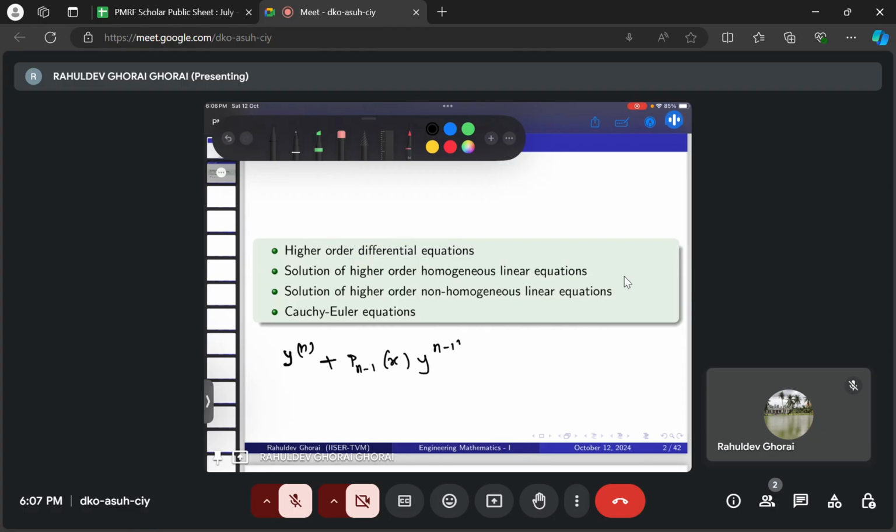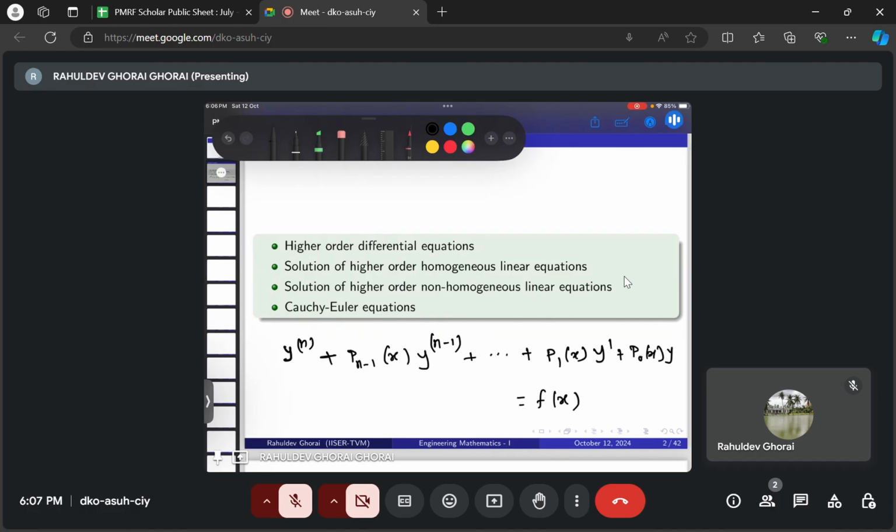This is how it looks: an nth order linear differential equation. The order will be n and the degree will be 1 always, plus p0(x) y is equal to f(x). This is a general linear differential equation of order n.